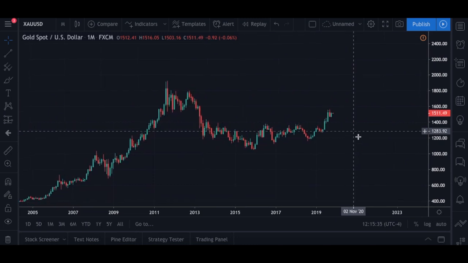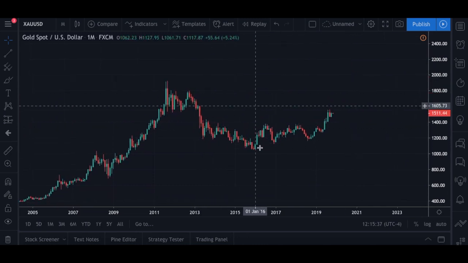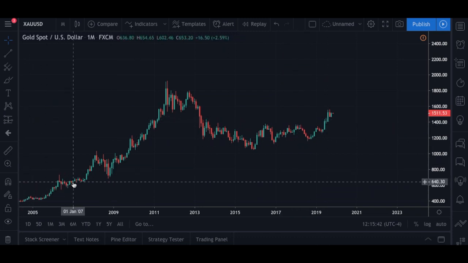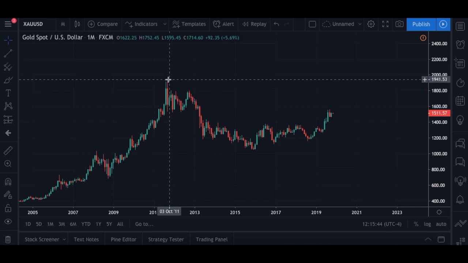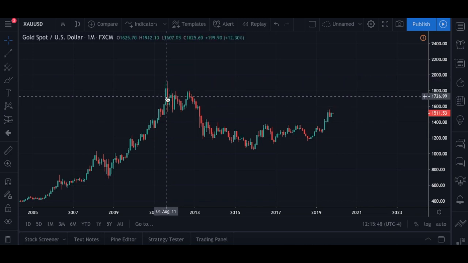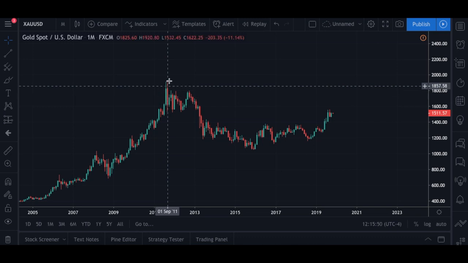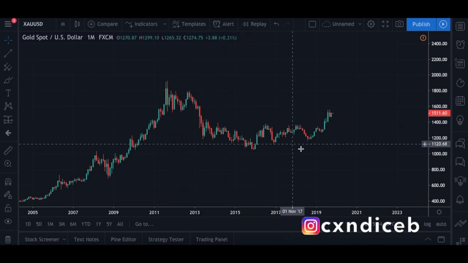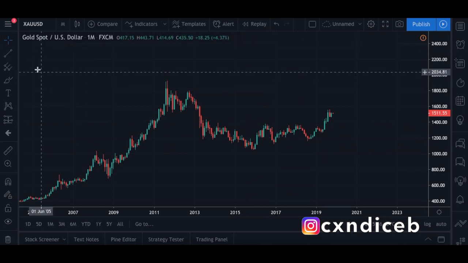As you can see, a lot has been going on with gold. For quite a few years it's been going up. It reached this top spot and rejected it twice within 2 months, and now it's going down a little bit.